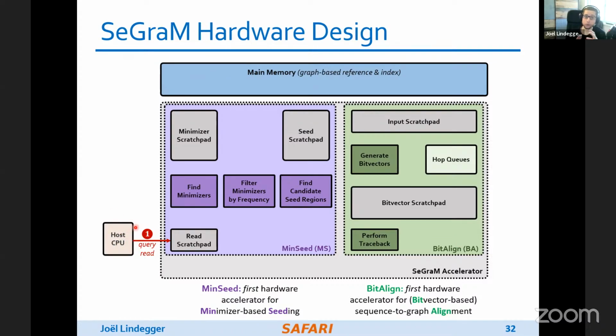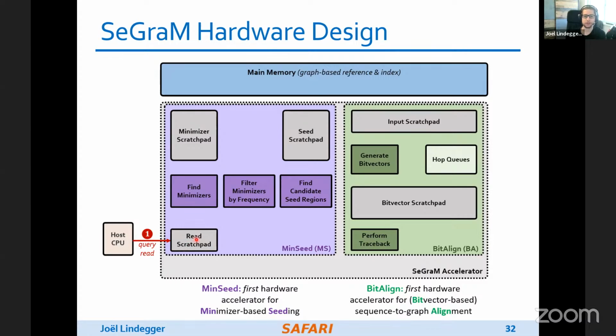Okay, so now how do you implement this as a hardware algorithm? Well, you just break down the task into small sub-problems that you can implement in Verilog, let's say. So if you have this block diagram, each of these blocks does a really manageable small task that's not complex at all anymore. So for example, here we start from the host CPU, we get a read. Okay, let's store it in a read scratchpad.